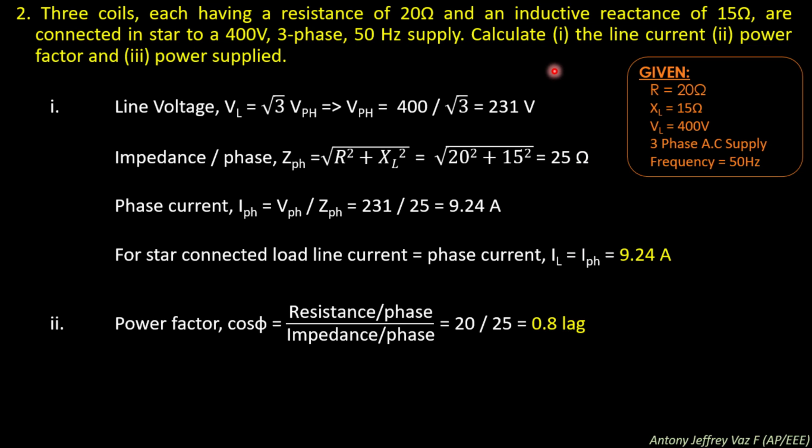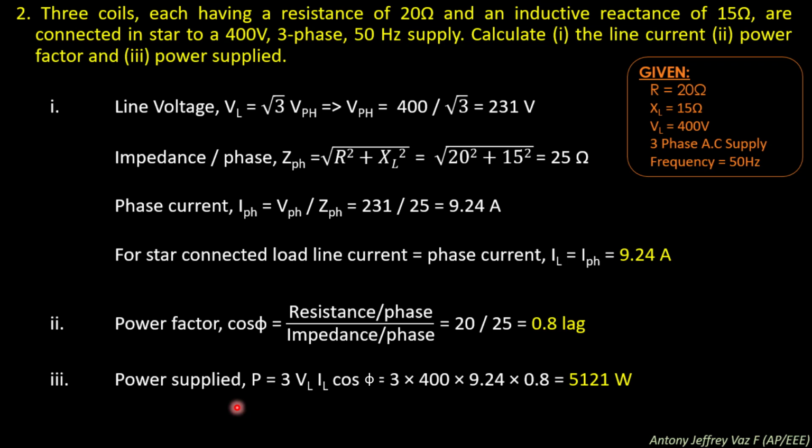Because you can see in the question the resistance is 20 ohm and inductive reactance is 15 ohm. Since you are using a coil, the coil will have an inductance, and this inductance will give you a lagging power factor in nature. So you need to mention 0.8 lagging while calculating the power factor.